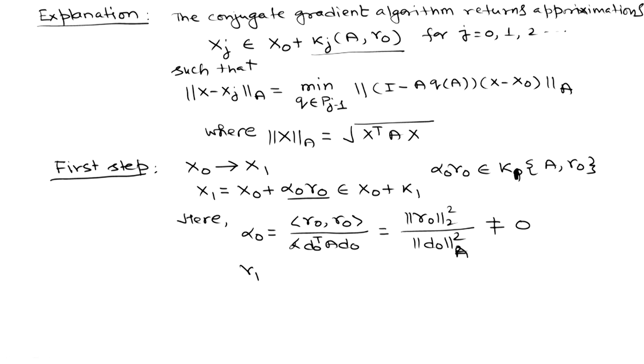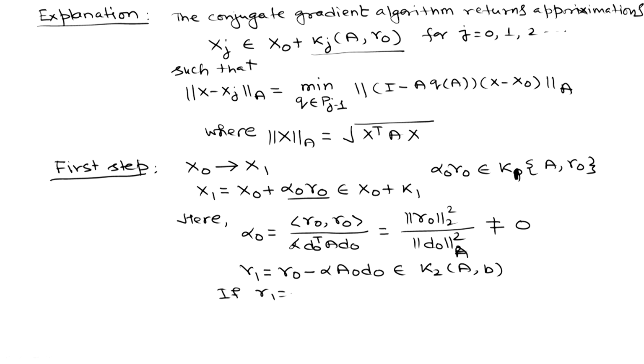Now, residual r 1 will be r 0 minus alpha 0 A d 0. Again this will become a vector in the second Krylov subspace of A and r 0.